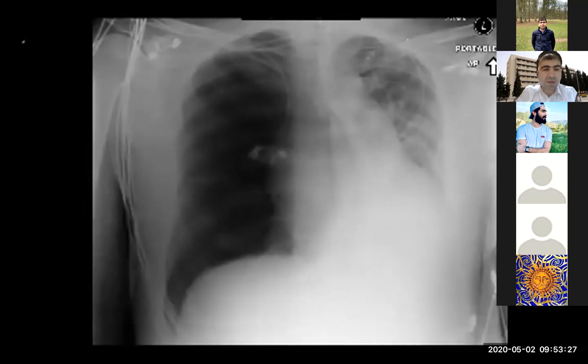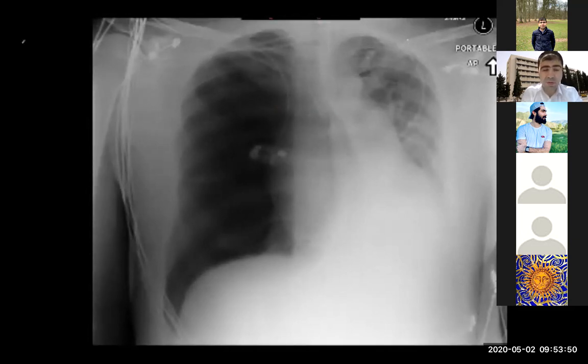If you see that this is the mediastinum, normally you see it until here. So it is shifted to the contralateral side, to the left side, right? So there is a mediastinum problem.